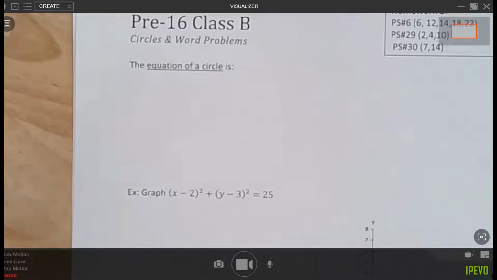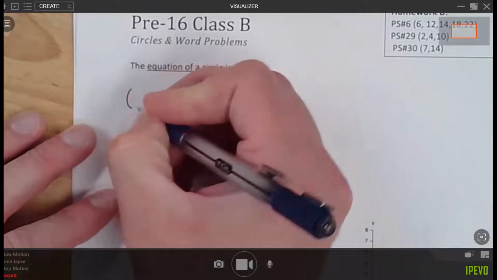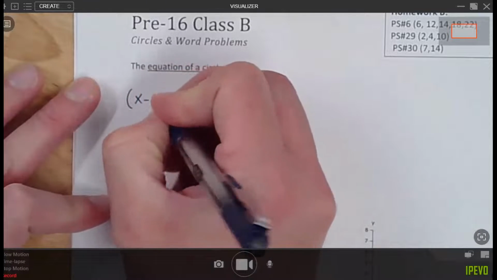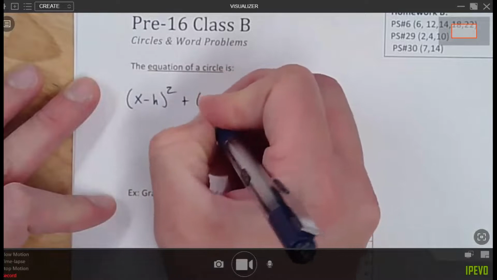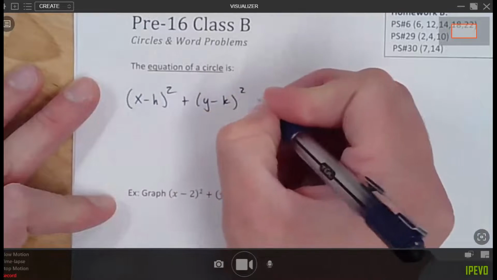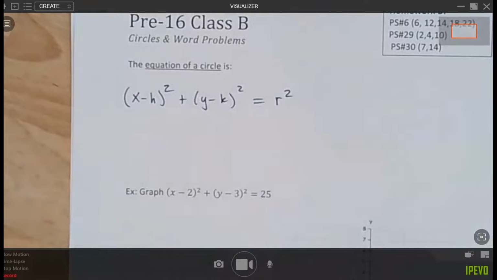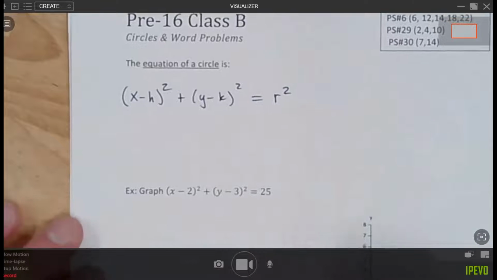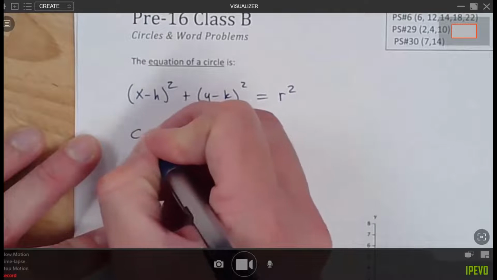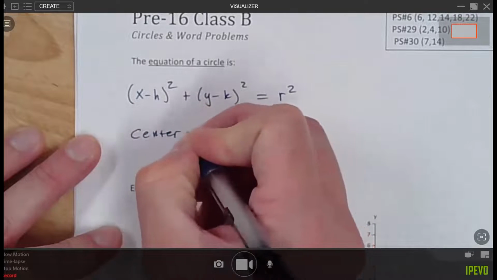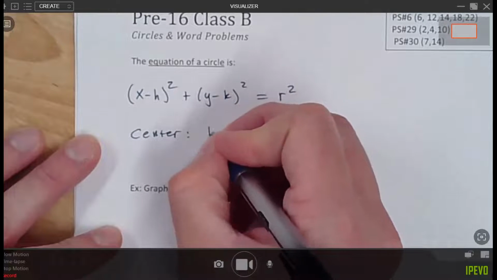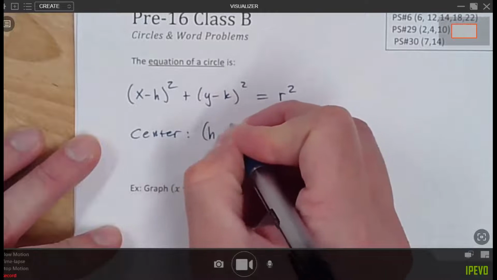Circles. The equation of a circle is usually written like this: x minus h squared plus y minus k squared equals some number r squared. This is what's considered the standard form. The center of the circle written this way is h comma k.